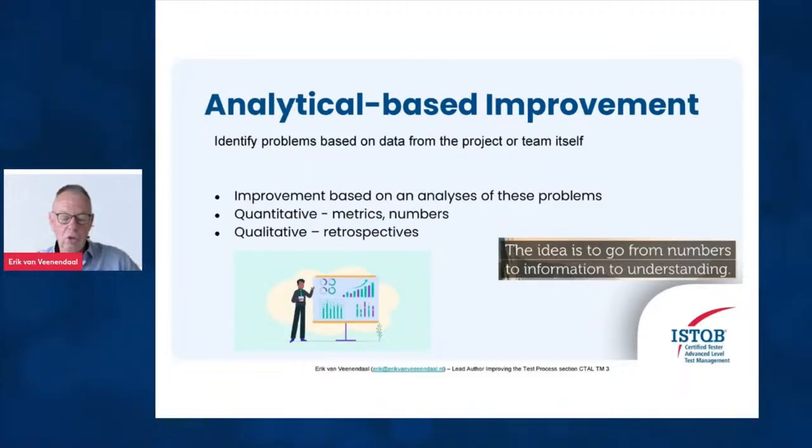The next one, after model-based improvement, is analytical-based improvement. And this is much more about numbers and data, basically getting data from your project, getting data from your team, and based on that, identifying problems. So basically the improvements are based on analysis of the problems based on the data. Some of the methods are what we call quantitative, so metrics and numbers, and some retrospectives are more qualitative, about what is right, what is wrong.